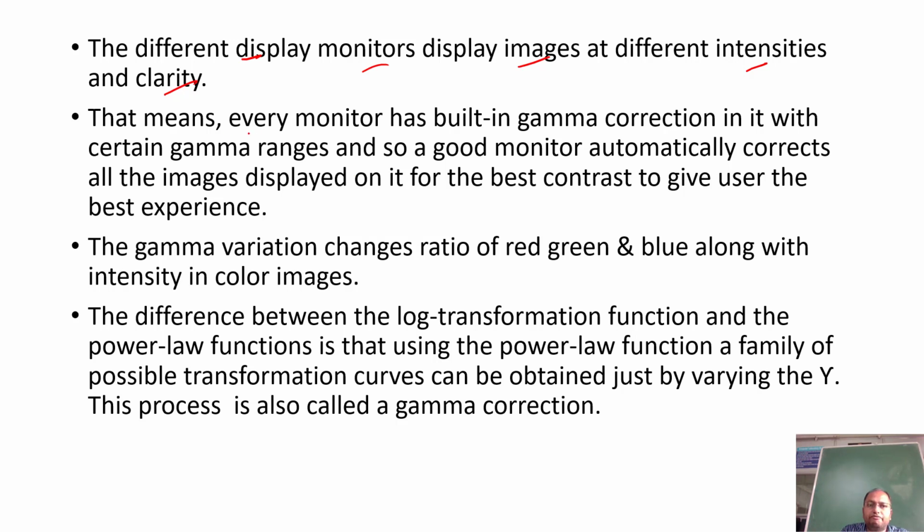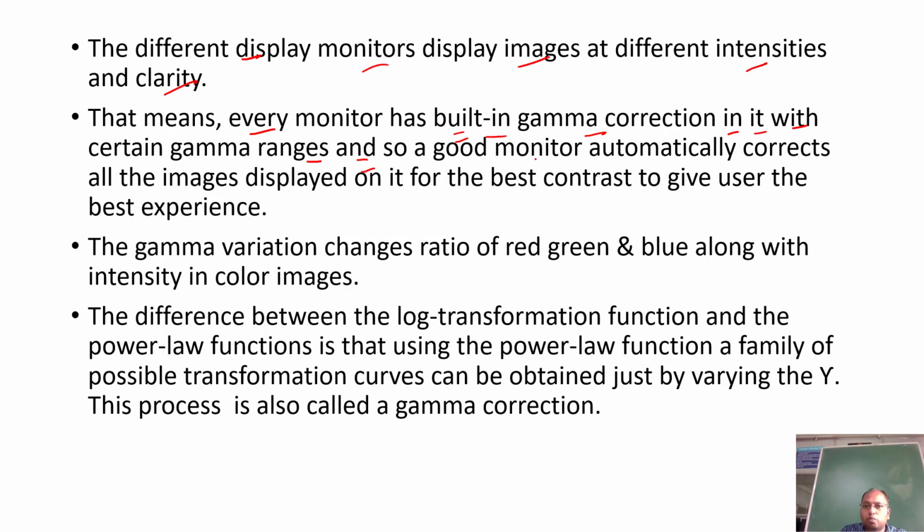That means every monitor has built-in gamma correction. Any display that gives a different appearance to the output images or videos has inbuilt gamma correction in it, with certain gamma ranges, right? Again, they have some certain range of gammas.